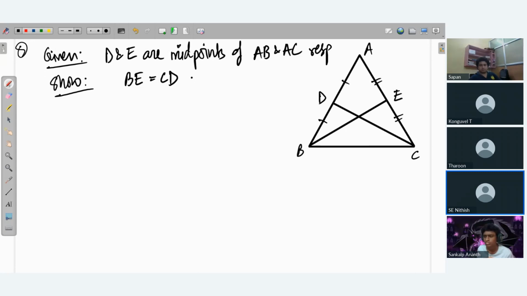Instead of drawing crisscross, you could have just drawn a straight line, right? There's a mistake in this question, sir, because BE is perpendicular to AC, maybe. Is it perpendicular?